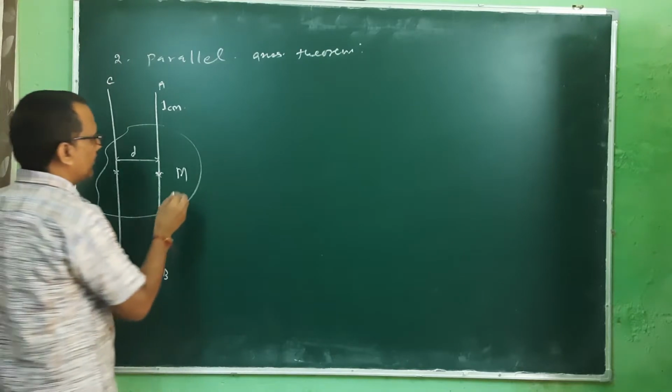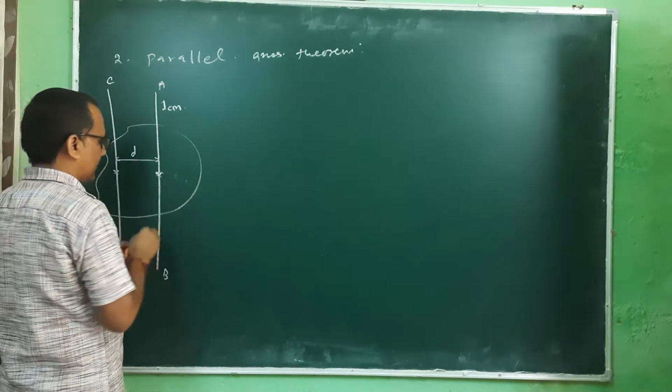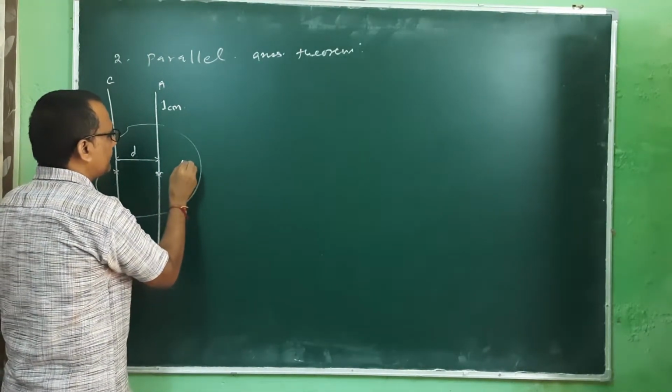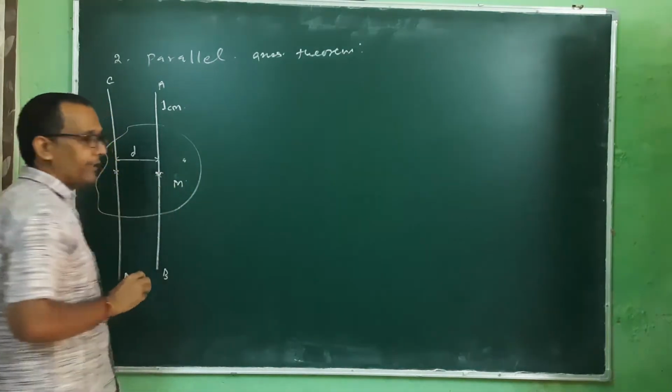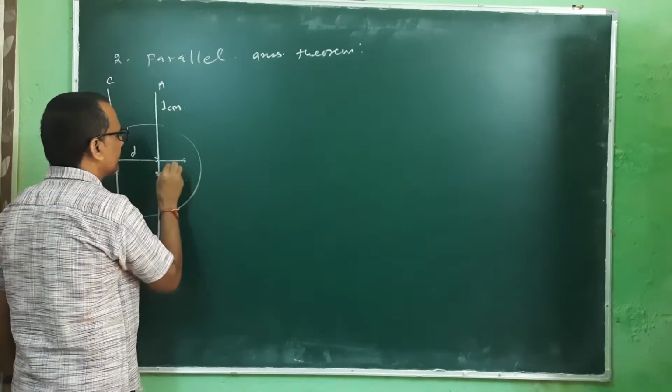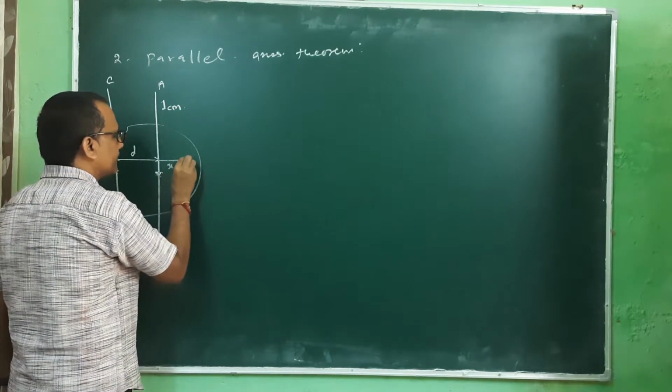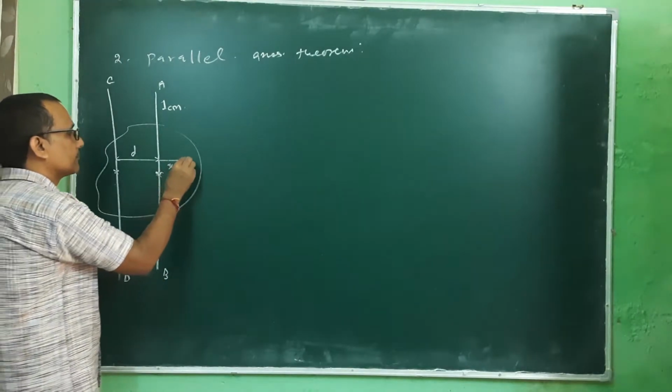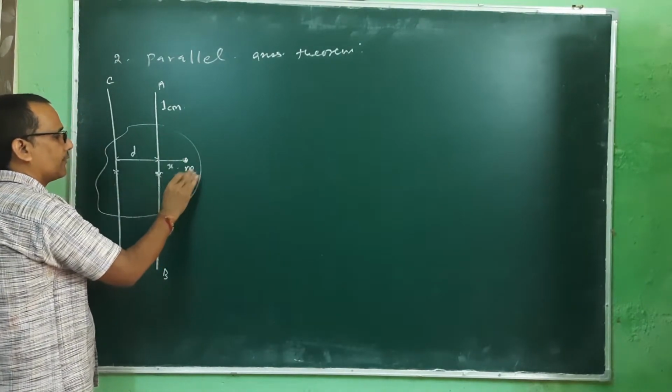So let us have one point somewhere here at a distance of x from this center of mass. Let's say one small particle.